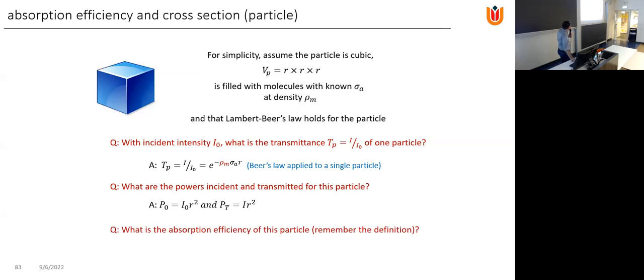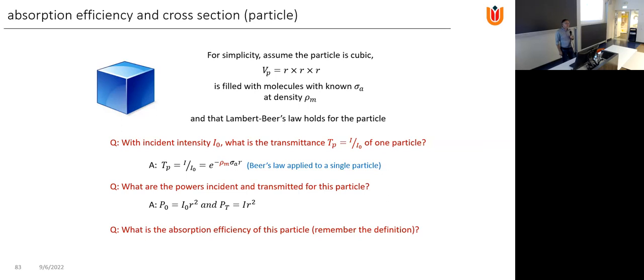Okay. What is then the absorption efficiency of this particle? Think back to your definitions. What was the definition of absorption efficiency? The fraction of light absorbed compared to the light that was sent through.